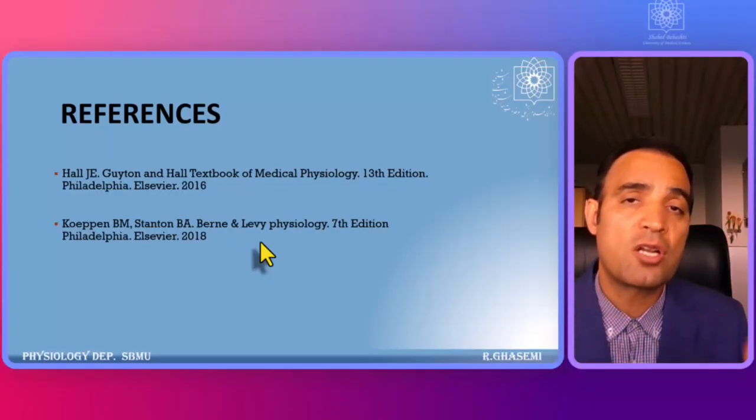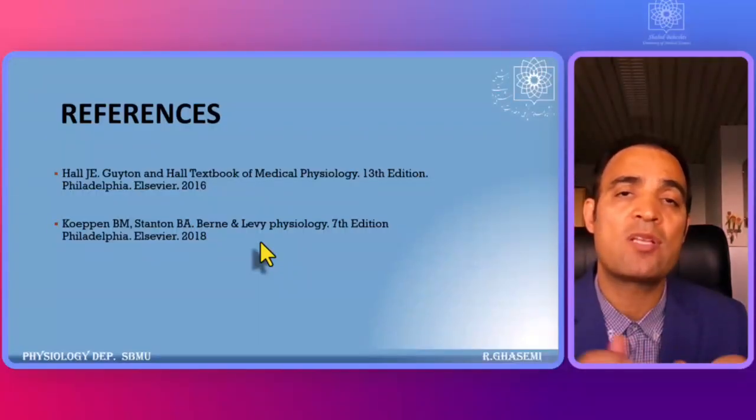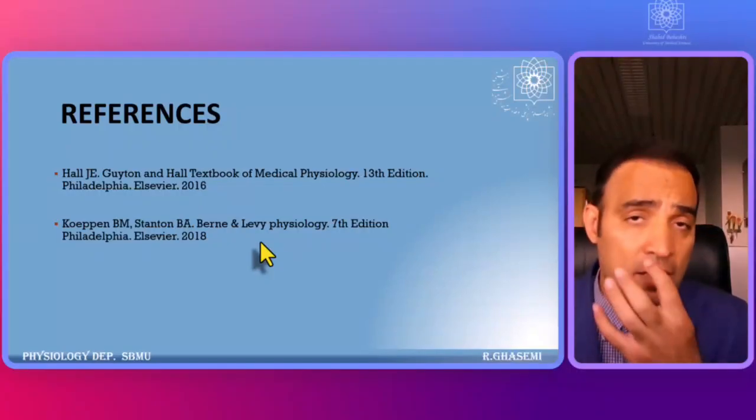About the production of thyroid hormones, how it is produced, how it is stored, how it is released, how it is transported in the blood.